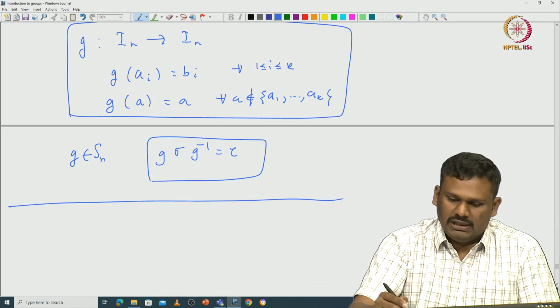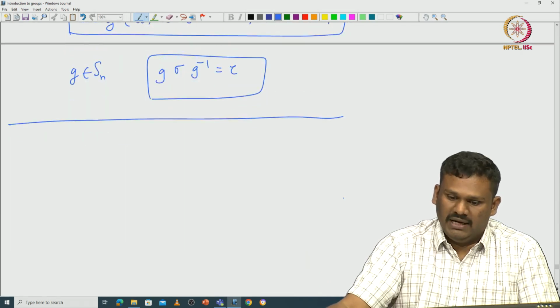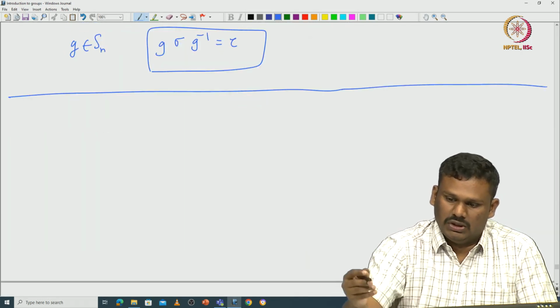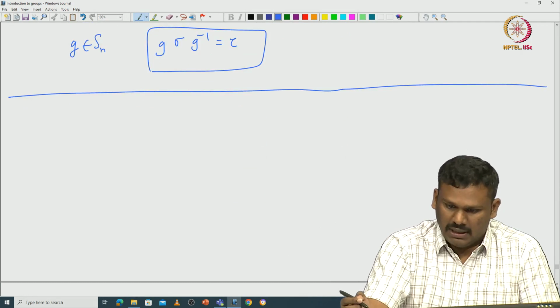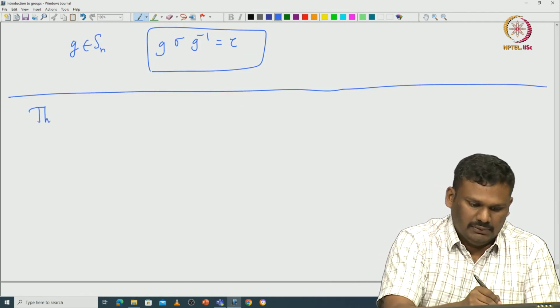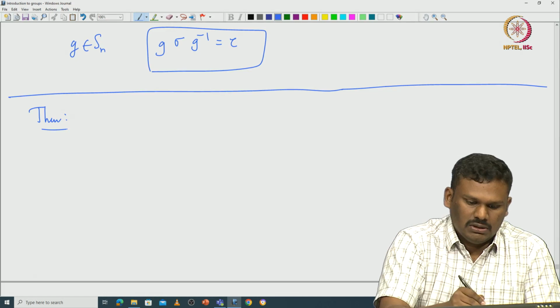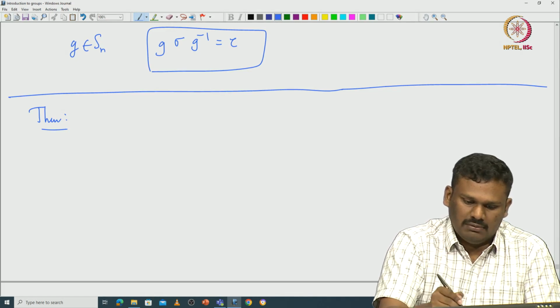So, now using this proposition we can prove our main characterization of conjugacy of elements of S_n. So, that is the theorem. It says, you start with two elements sigma and tau.